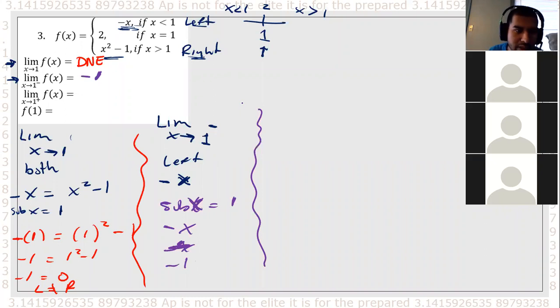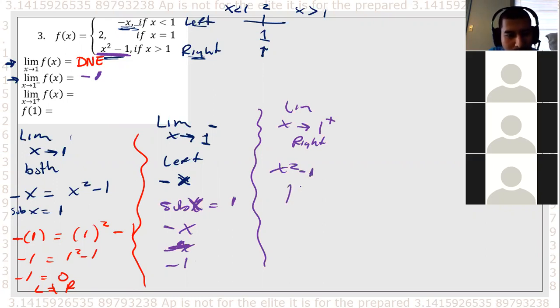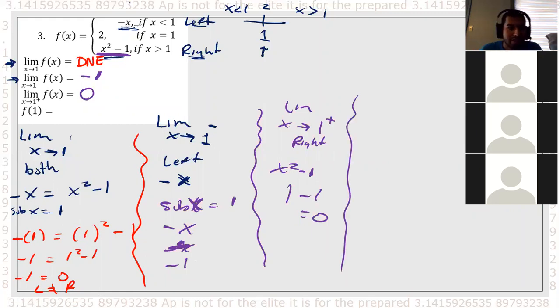And then the second to last is the limit as x approaches 1 from the right-hand side. The function from the right is this one right here, so it's going to be x squared minus 1. So it's going to be 1 minus 1, which is 0. This is the part that really tricked my students last year.